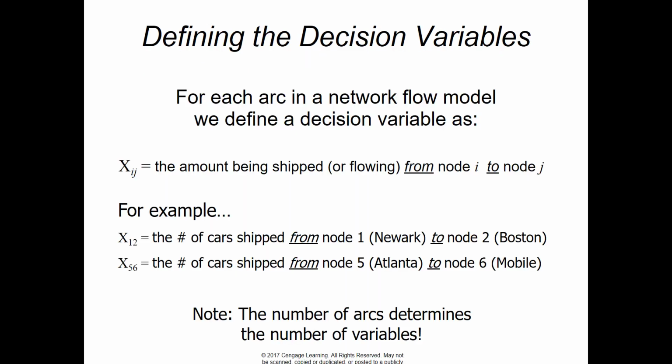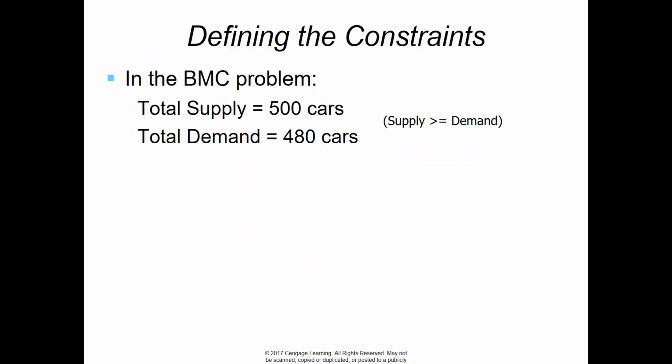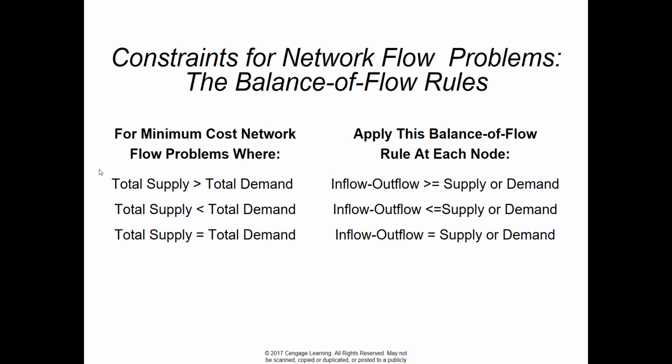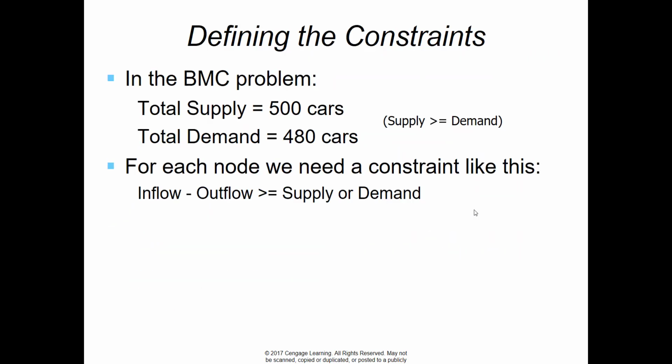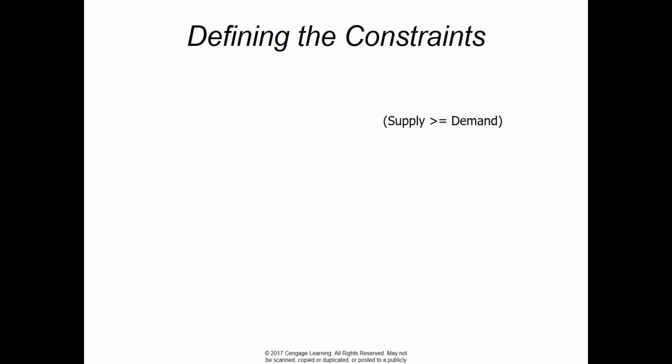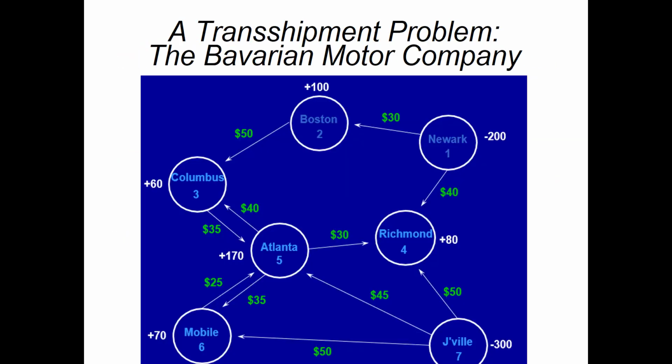Basically, because the total supply is more than the total demand, we have to write equations at each node level: inflow minus outflow greater than or equal to supply or demand. That means that for each node, we have to consider this equation.